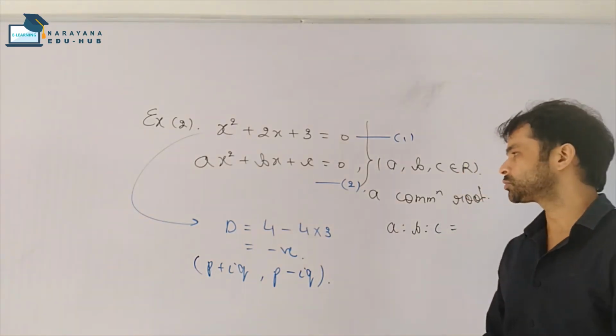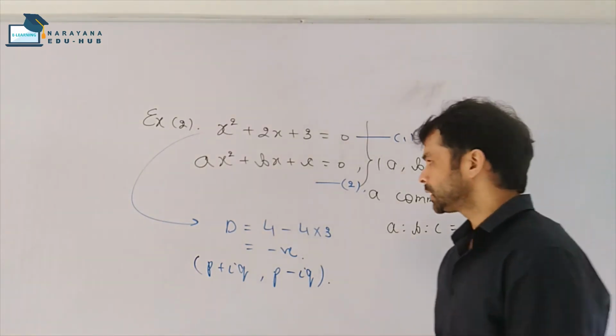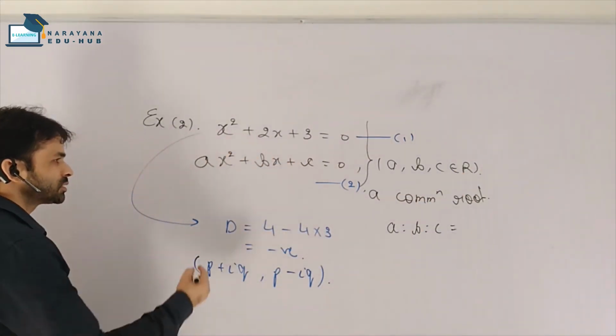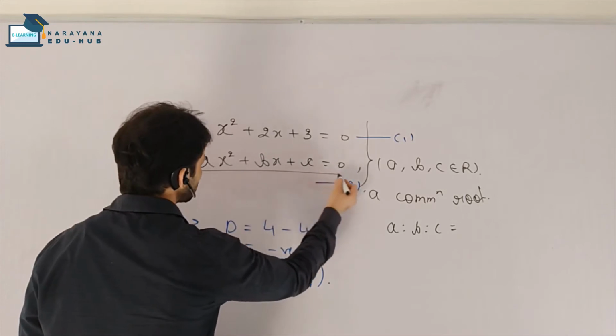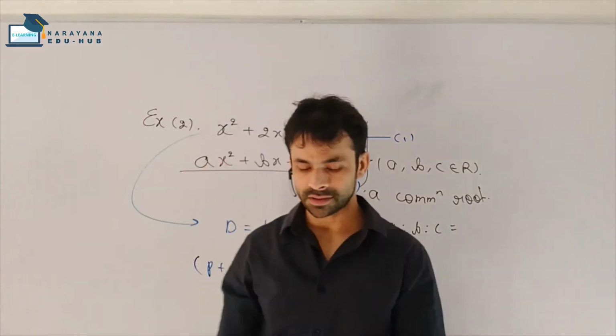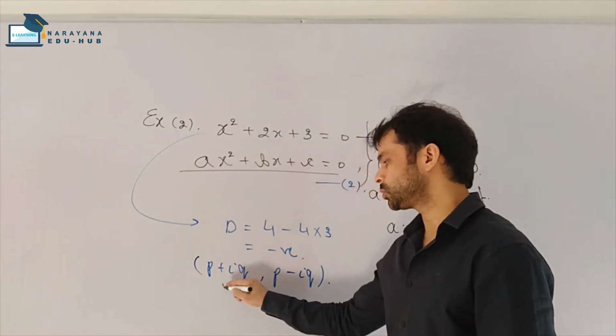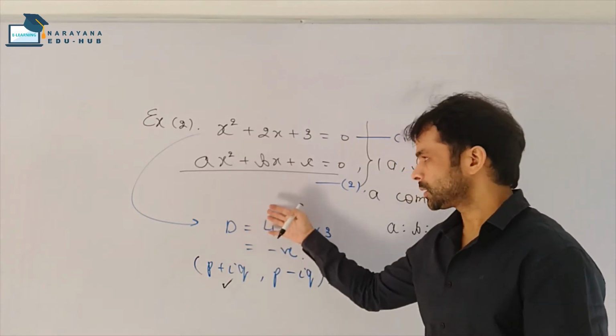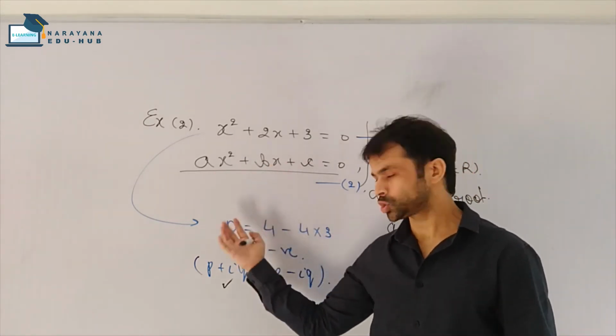Right. Now come to the second equation. a, b, c are real numbers. So this is a real quadratic equation, and they have one root common. If this is a common root which is imaginary, then the other root has to be the conjugate of this.